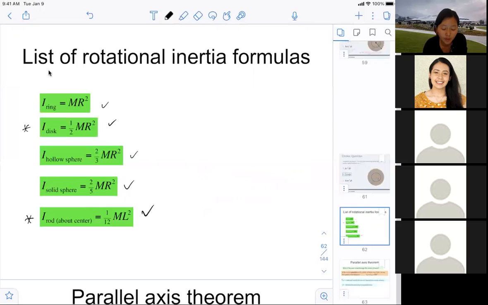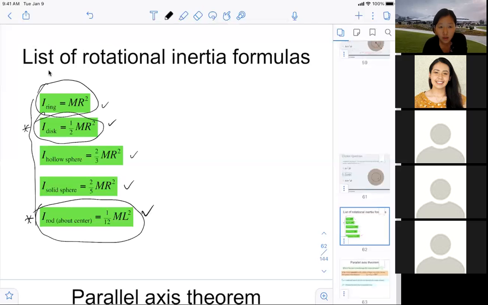You can always look up these different formulas. But I encourage you to understand where these formulas come from and have some of the frequently used ones memorized, so it's easier. Like this one, we should probably know by heart. This one we should know. This one we should know by heart. Okay.